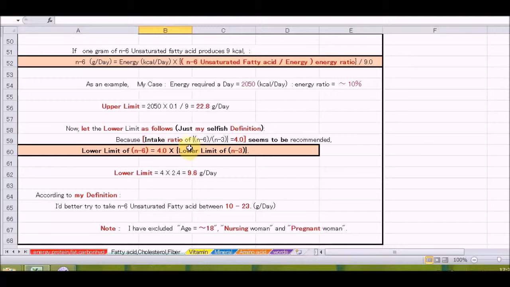Because an intake ratio of N6 unsaturated fatty acid to N3 unsaturated fatty acid equal to 4 seems to be recommended by authority, just my selfish definition, the lower limit of N6 unsaturated fatty acid is 4 times the lower limit of N3 unsaturated fatty acid.